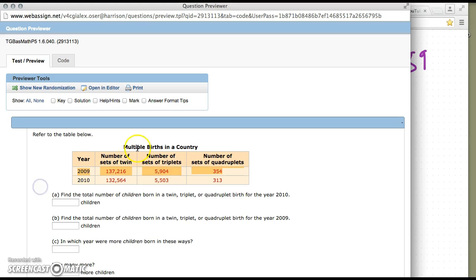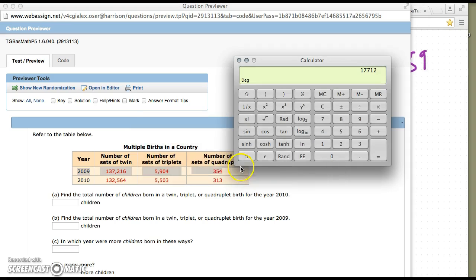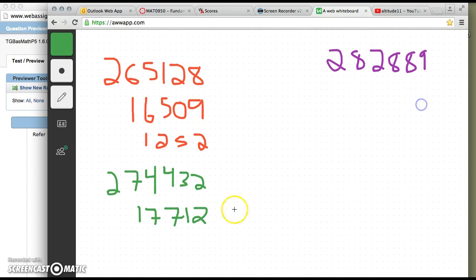Almost there. There were 354 sets of quadruplets in 2009, and we multiply that by 4 for the 4 children in each set. So 1,416.